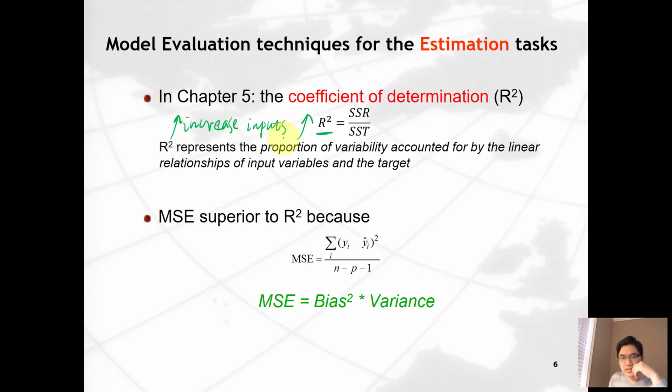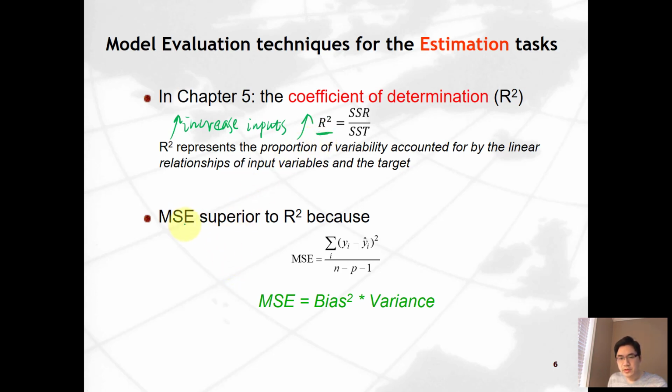If you increase the inputs, you tend to increase the R squared. So you could potentially increase the R squared of the training set to 100%, if you keep adding square terms or nonlinear terms. So this is not a very good measure to select the best model.